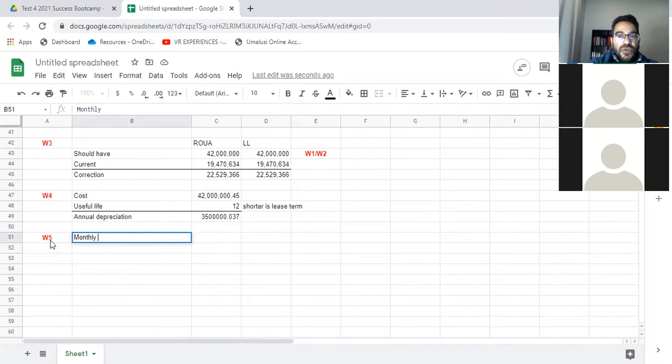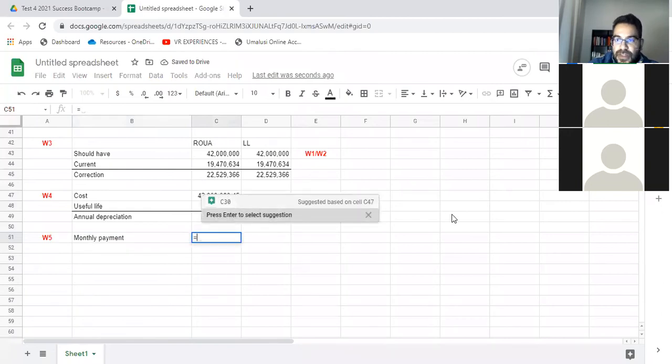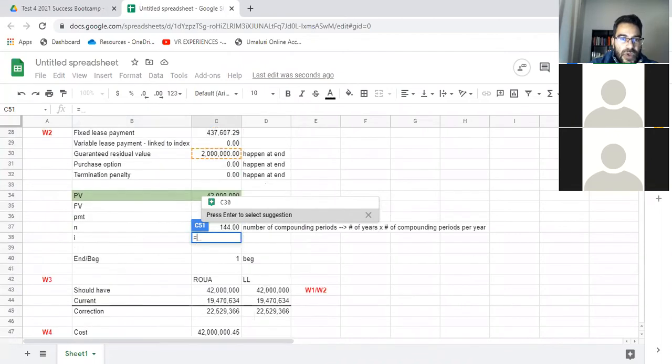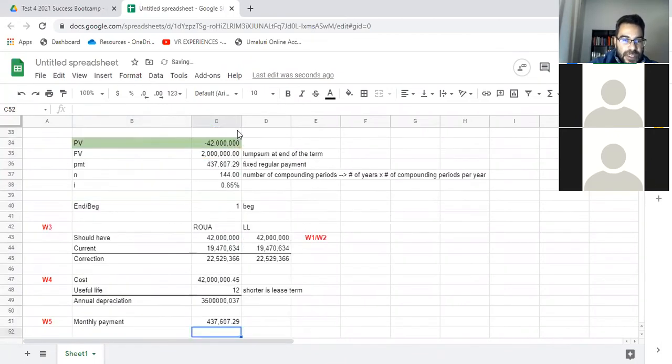Some of this working is too much in terms of the way I'm laying it out, you're not going to finish in time. But I lay it out to show my thinking process. When you do it, you just condense the thinking process and try to write it in one line as far as possible. So monthly payment is equal to 437.29.